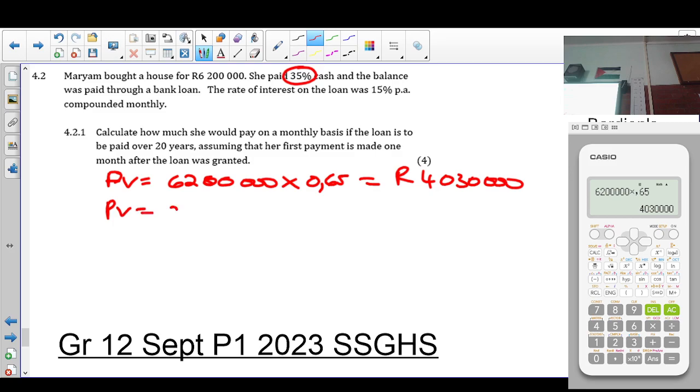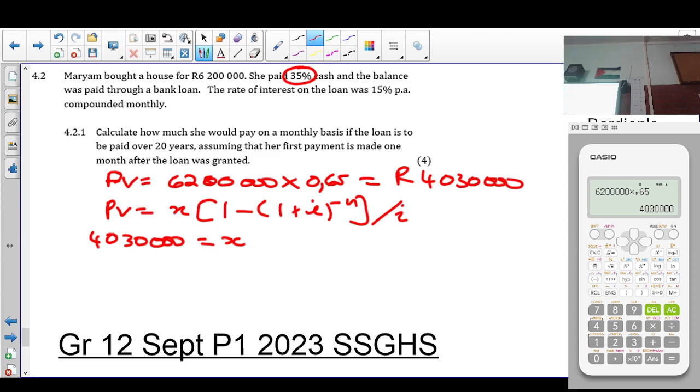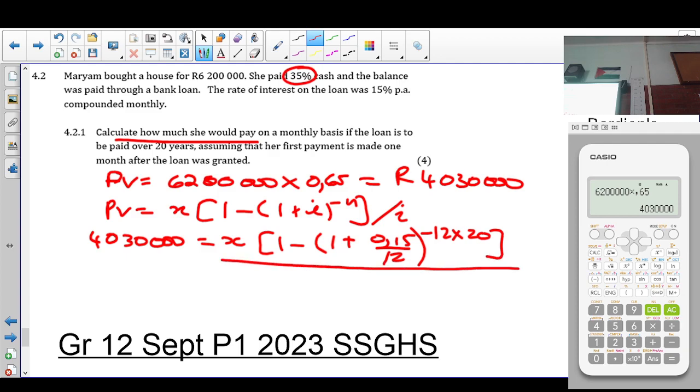So present value follows the formula x into 1 minus 1 plus i to the minus n, all over i. So what's my PV value? 4,030,000 equals x, the monthly installment which you need to calculate, into 1 minus 1 plus your interest, which is 15% so 0,15 over 12 since it's compounded monthly, to the negative 12 times 20 years, all over i, which is 0,15 over 12.